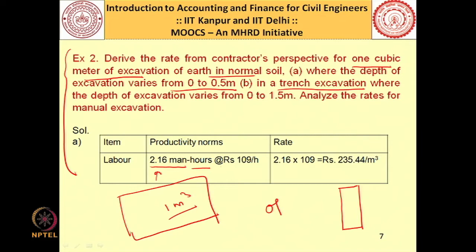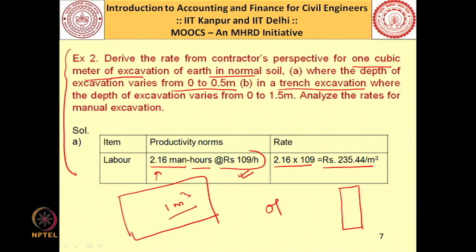Now, I have already calculated the cost of 1 man hour for my organization. It is coming to be 109 per hour. I will show you how it has come. So, I simply multiply this estimated productivity norm with the hourly rate, and I am getting it like this. So, I multiply 2.16 with 109 and I am getting 235.44 rupees per cubic meter.